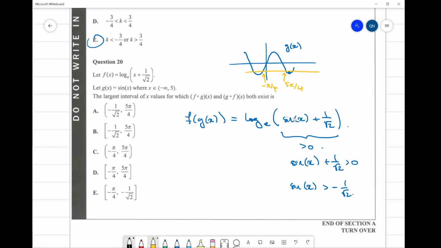Let's try to see if this also works for g(f(x)). So what is g(f(x))? g(f(x)) is the sine of the logarithm of (x + 1)/√2. Now sine has a particular domain, it has to be less than 5, which means we want the range of this log thing over here to also be less than 5.